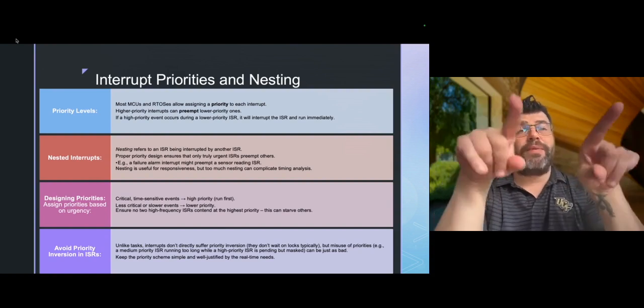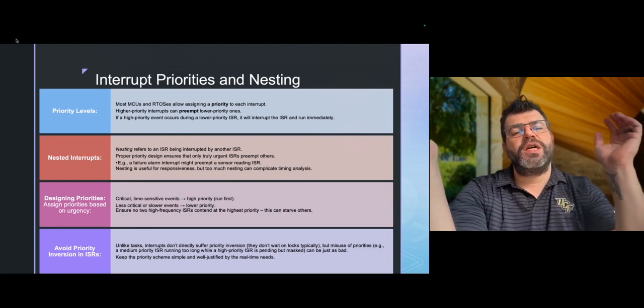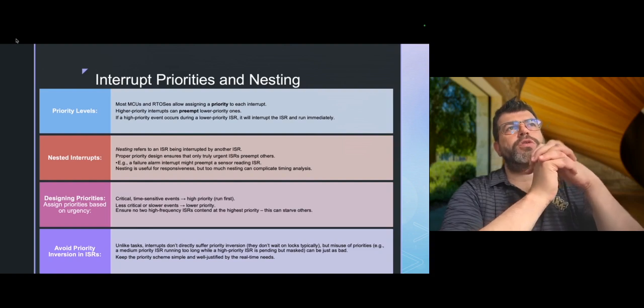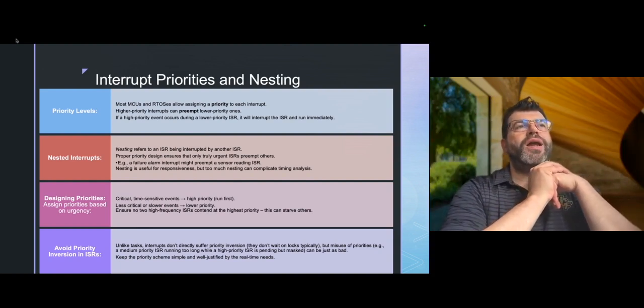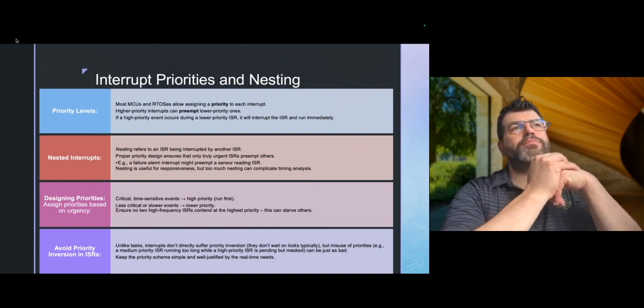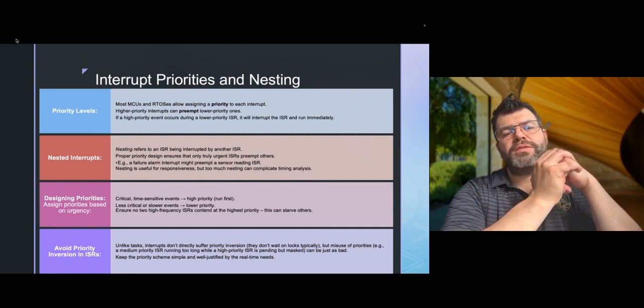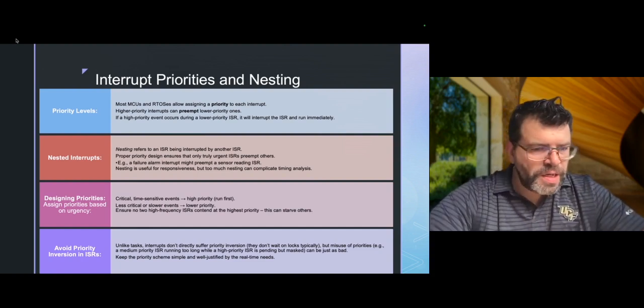If they do, what could happen is essentially they can take over the entire system and starve everything else. So if you have two ISRs that occur rapidly, that occur frequently, they probably should also not both be high priority, right? Otherwise, these two rapidly occurring ISRs are going to take over everything else.